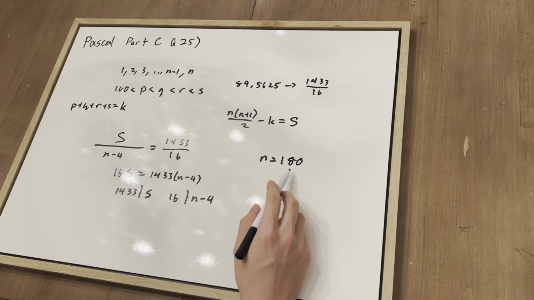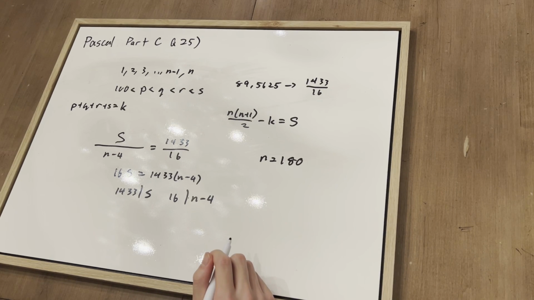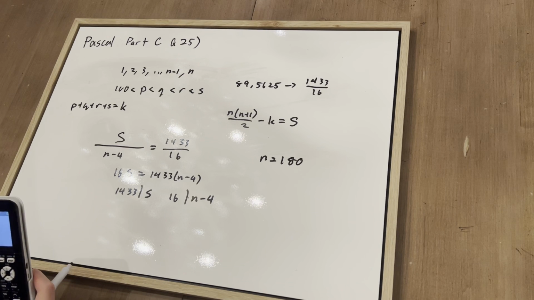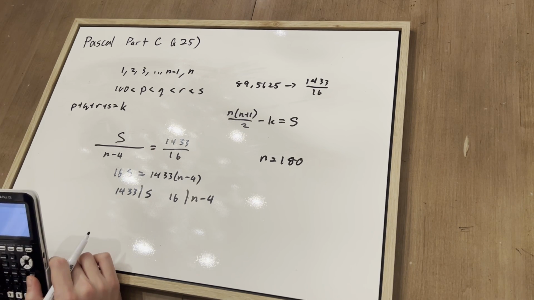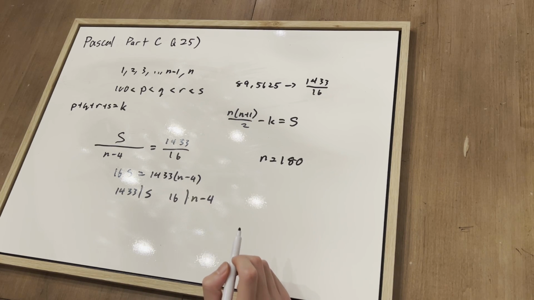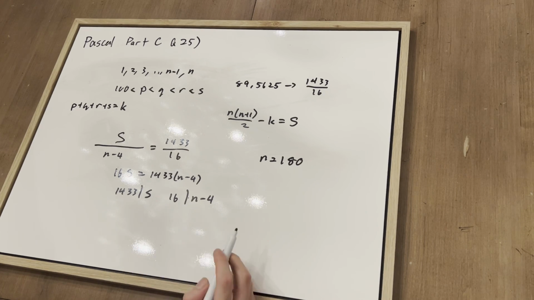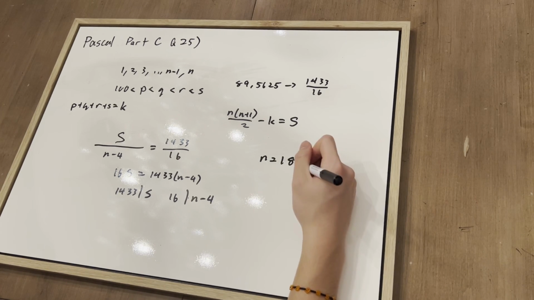So since we guessed that n equals 180, this can be a sanity check for us to make sure that this estimate seems reasonable.